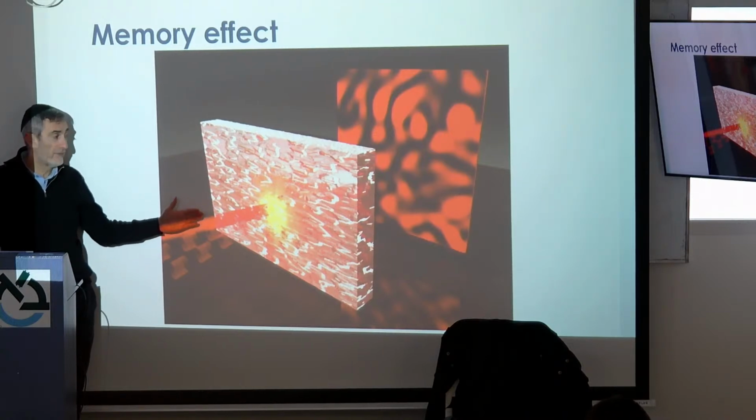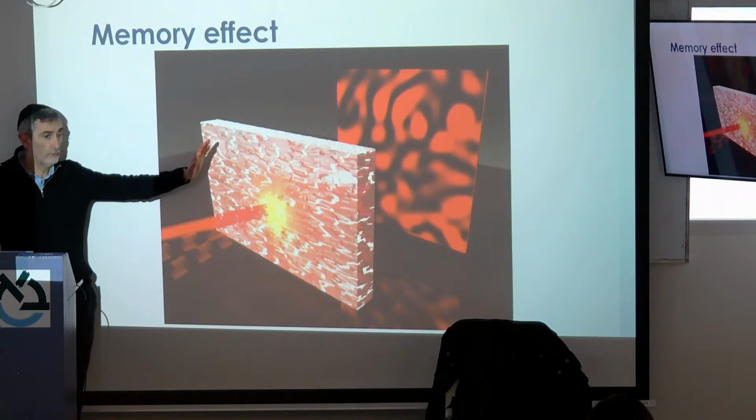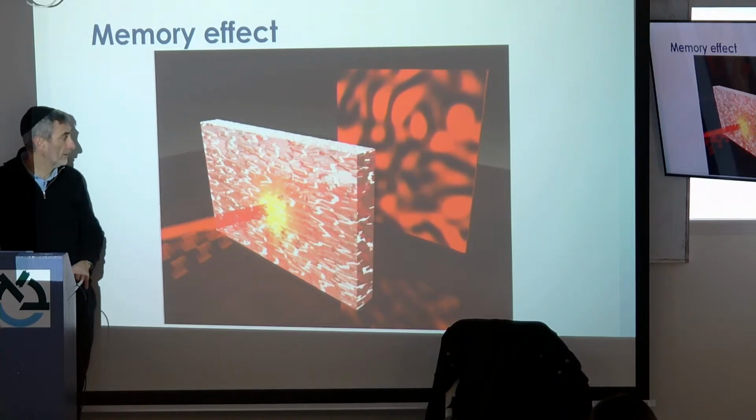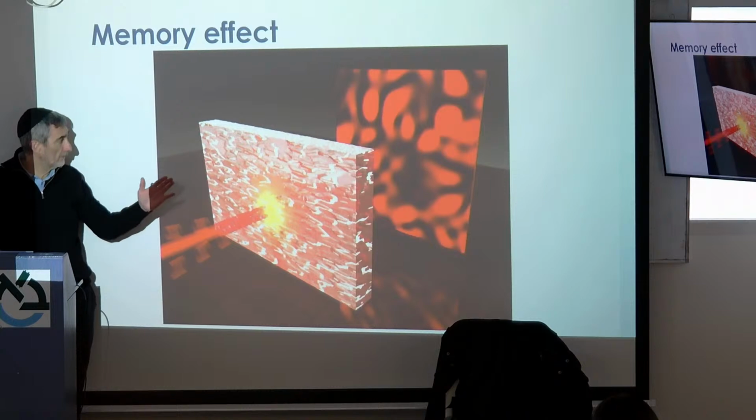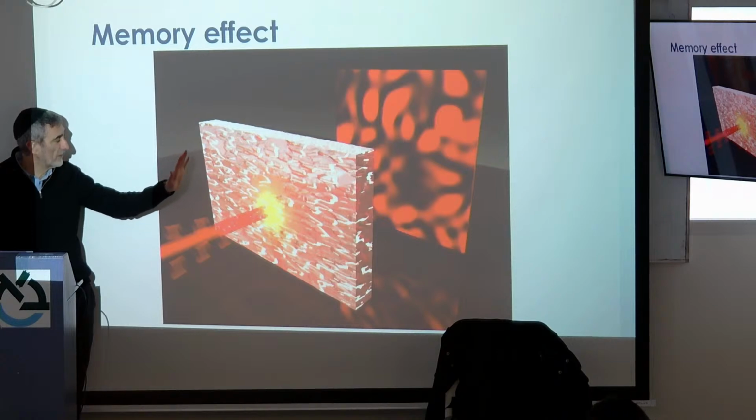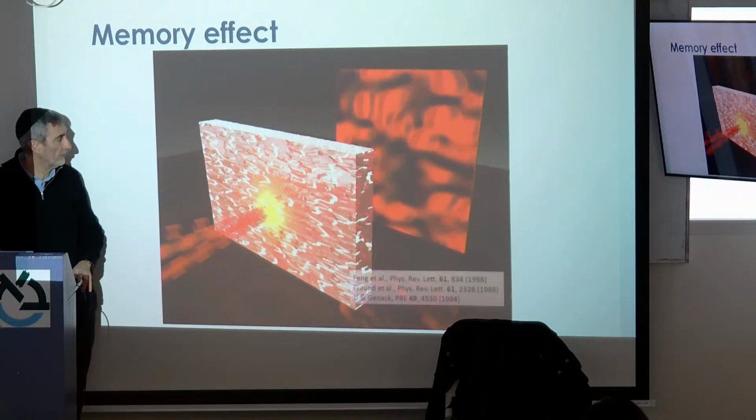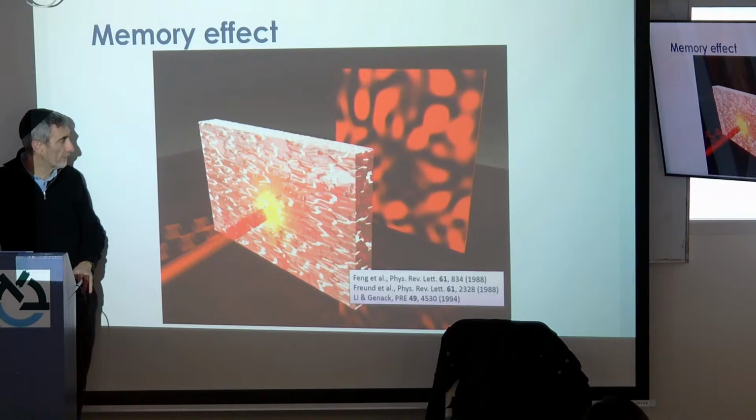By changing the angle, you move the speckle pattern. If you change it here, you see that the speckle pattern remains the same. There is some correlation that keeps the same speckle pattern but just shifts it in position. Using that, you can scan the object and have an image of the object.